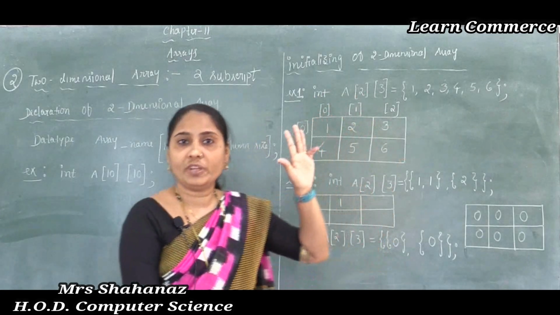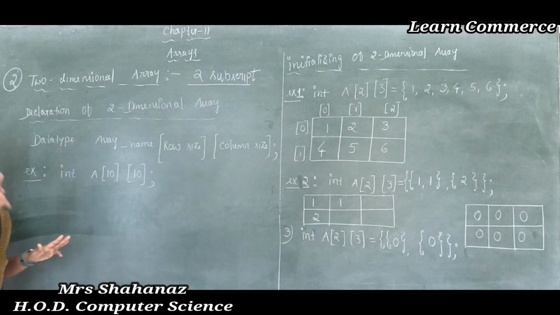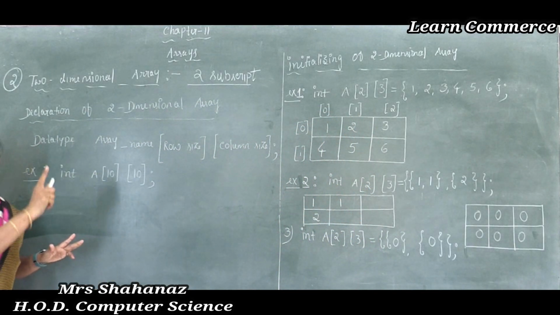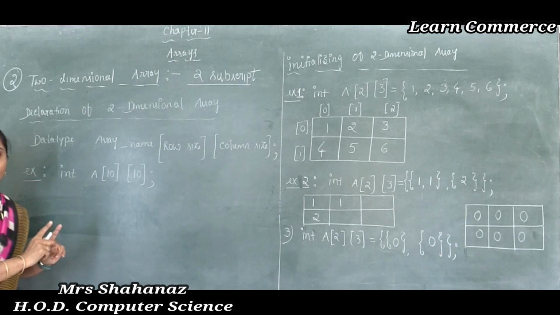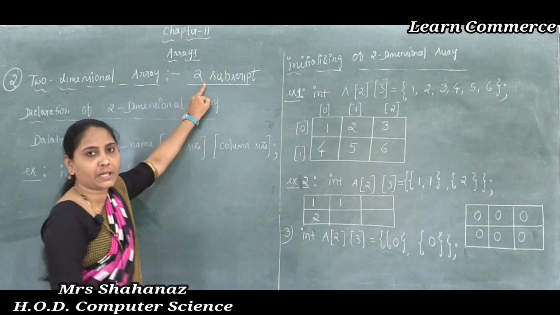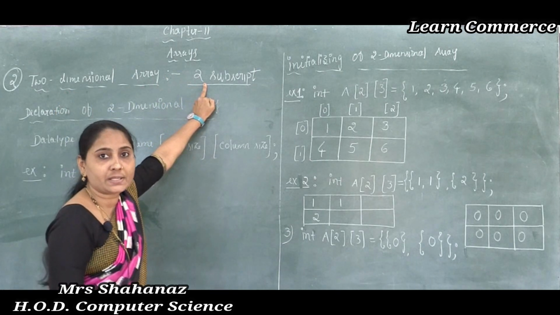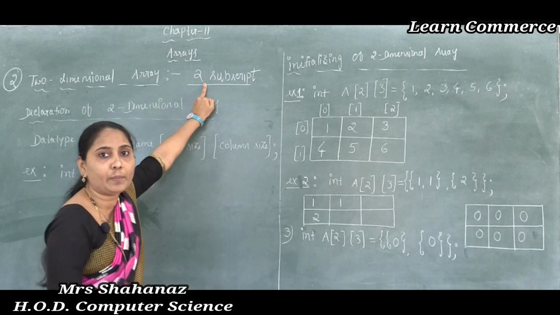Correct? So we know that in a one-dimensional array, just to access an element, we use one subscript, one position value. But what about the two-dimensional array? It is an array in which each element is accessed by using two subscripts. The two subscripts represent the position of the element in the array.